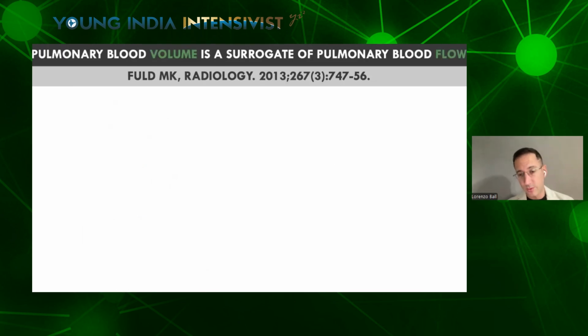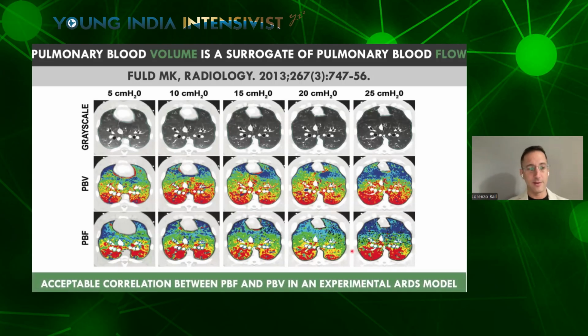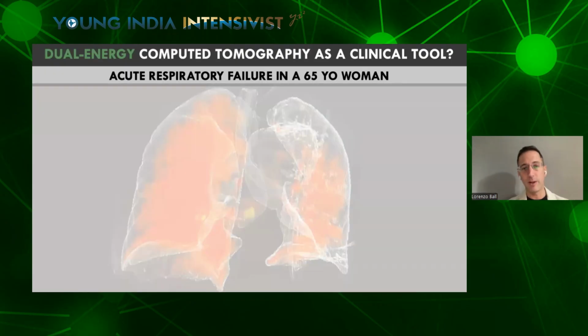This has been demonstrated to be a good surrogate of lung perfusion. So we finally have a tool that can depict perfusion in the whole lung. We use it in our department, especially for complex cases.